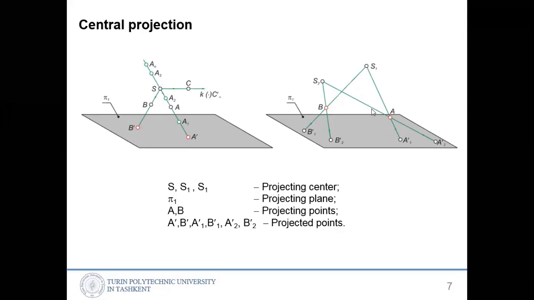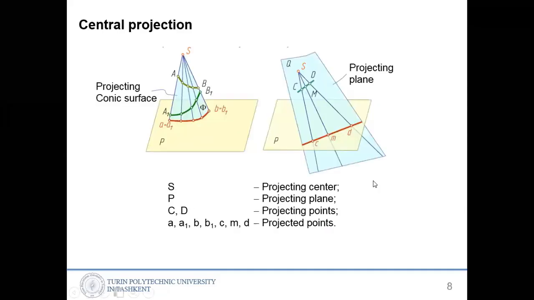If you project with the S2 projecting center, you can generate A2 dash. Similar for B. The projection of B using S2 generates B2 dash, and with S1, B1 dash. So similar projection ways. That is a central projection.